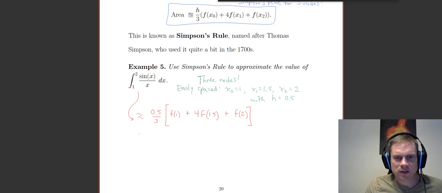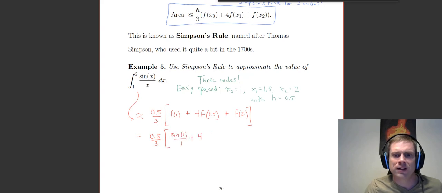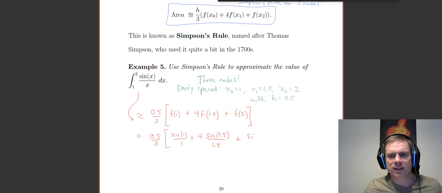This turns out to be, let's just fill in the functions to begin with so you'll know where everything comes from. This is going to be nothing more than the sine of 1 over 1 plus 4 times the sine of 1.5 over 1.5, and then plus the sine of 2 over 2.